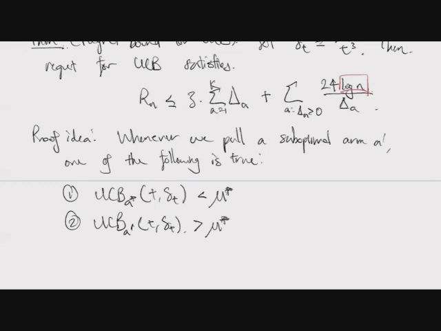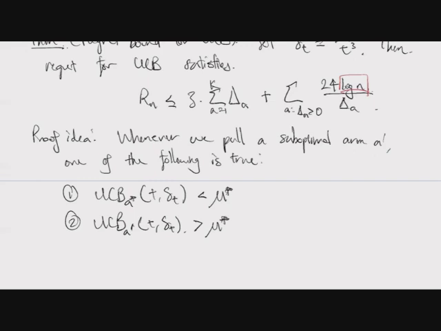And then for the second condition, when does this hold? This is saying that even though A prime is suboptimal, my optimistic guess of it is bigger than the mean of the best arm. But the more times you pull A prime, the larger the denominator inside the exploration bonus, and so the bonus is quickly going to shrink.